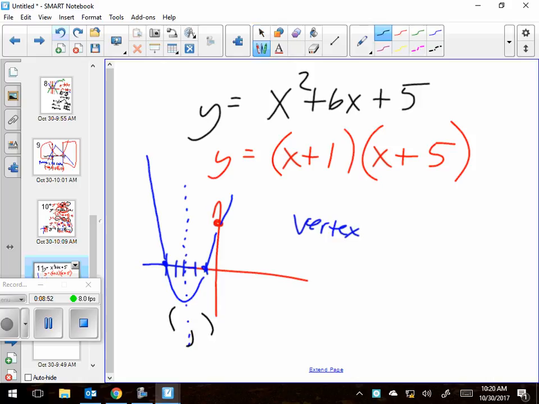This dotted line down the middle, the axis of symmetry officially, but I like the name axis of symmetry because it'll remind you it's the x. That'll help you find the vertex. So you got to figure out what's exactly between -1 and -5.